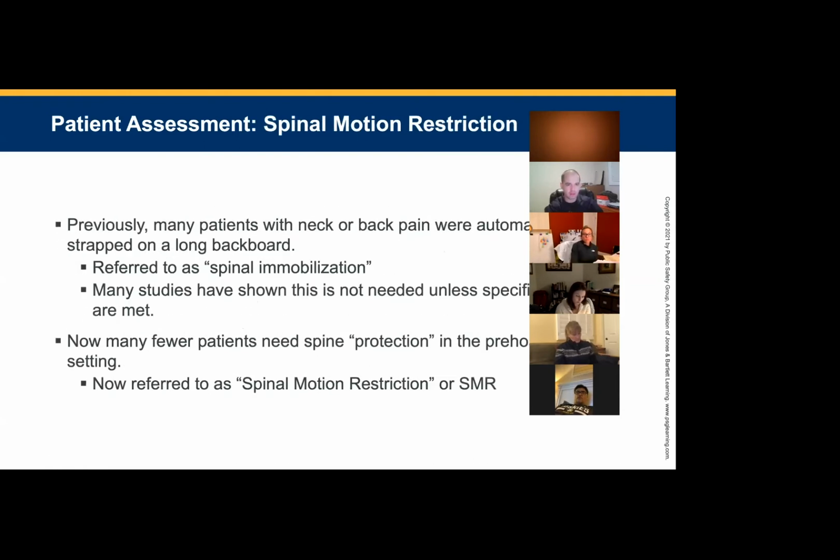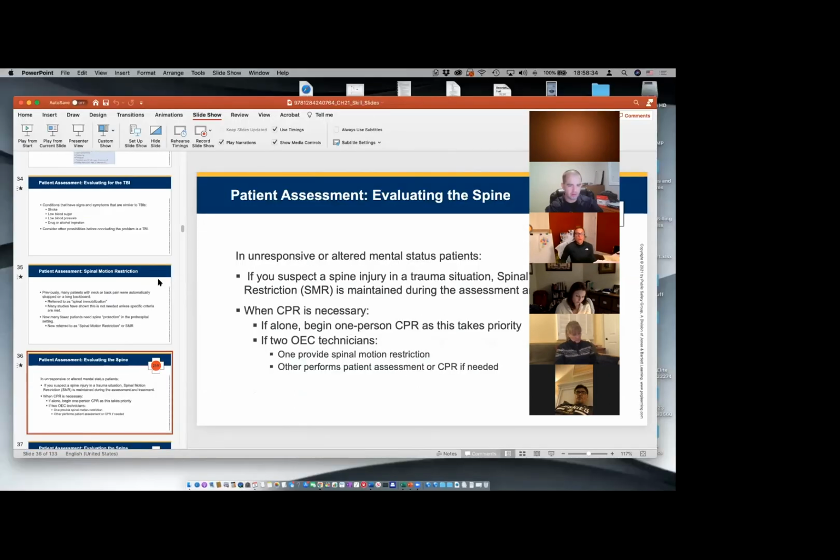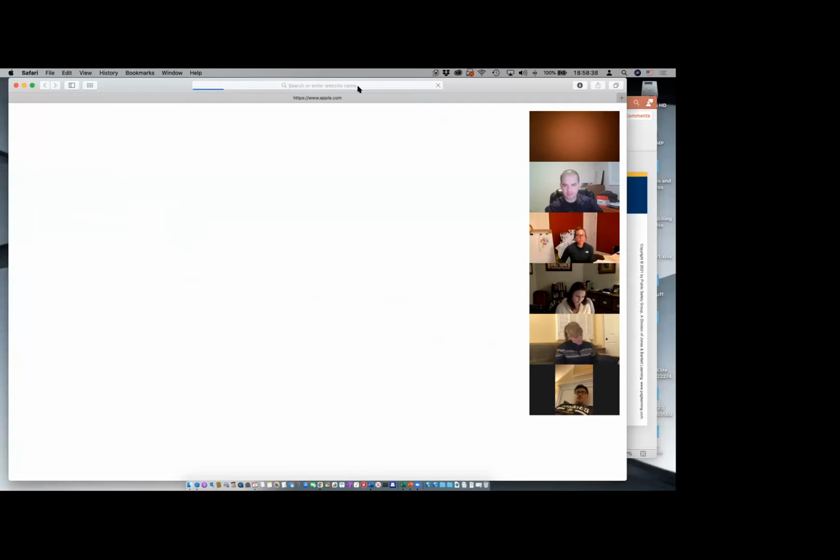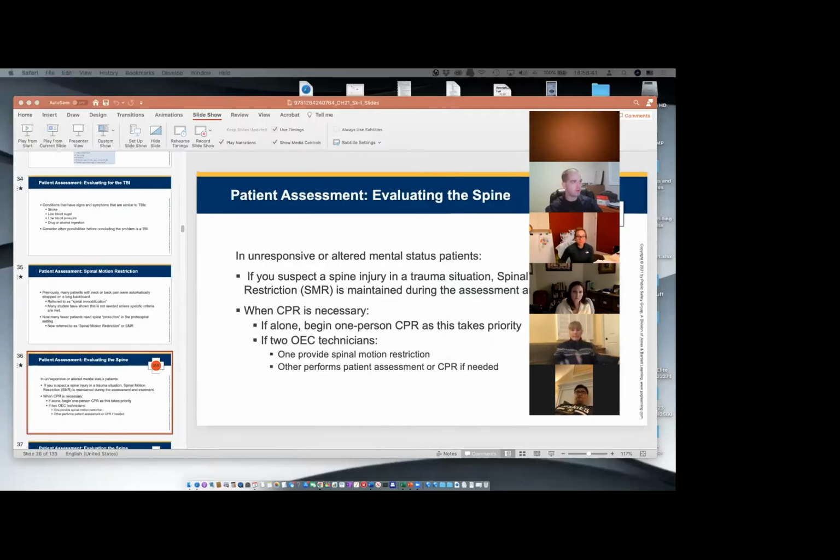Really quick, I want to talk about something on this topic. Let me get out of PowerPoint here. There we go. You guys should all be able to see my screen still, correct? Perfect. I want to quickly go over when we would or would not put somebody on a backboard. To do this, I'm going to reference the SNHD protocols. I like the Clark County protocol that we have for EMS.